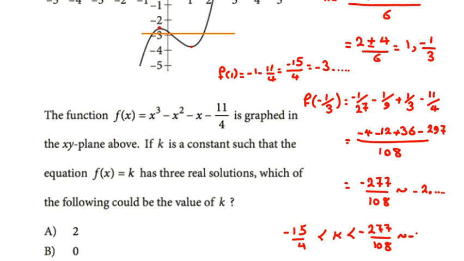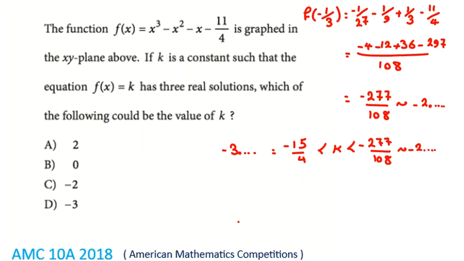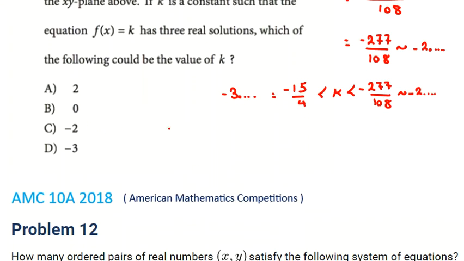So it is around negative 2 point something, here negative 3 point something. And which of these four choices satisfy greater than negative 3 point something, less than negative 2 point something? Choice D. Okay.